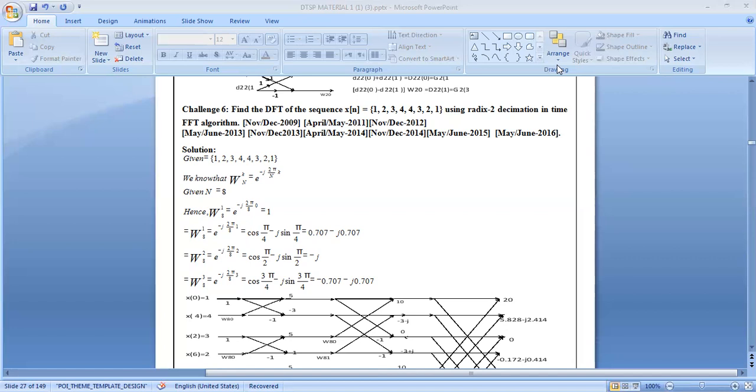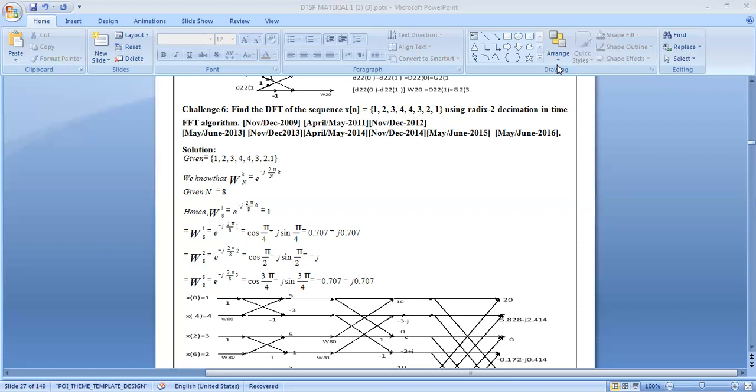Similarly, for the next value, W8 power 1, you replace k equal to 1. What will happen? We get e power minus j pi by 4, cos pi by 4 minus j sin pi by 4, which is nothing but 0.707 minus j 0.707.